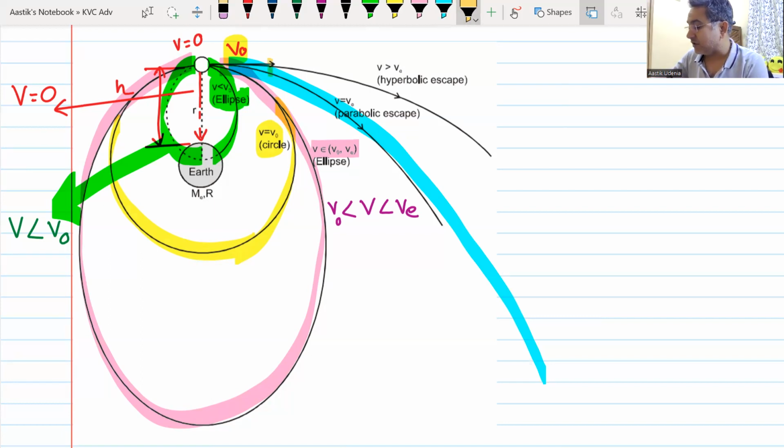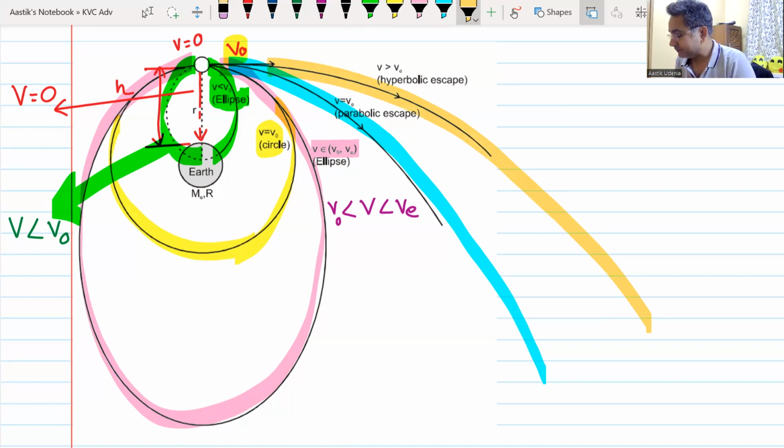It will leave the Earth in a hyperbolic path. Eccentricity 0, circle. Eccentricity less than 1, ellipse. Two cases of ellipse: nearer focus, farther focus. Eccentricity 1, bye-bye, parabola. Eccentricity greater than 1, bye-bye, hyperbola.